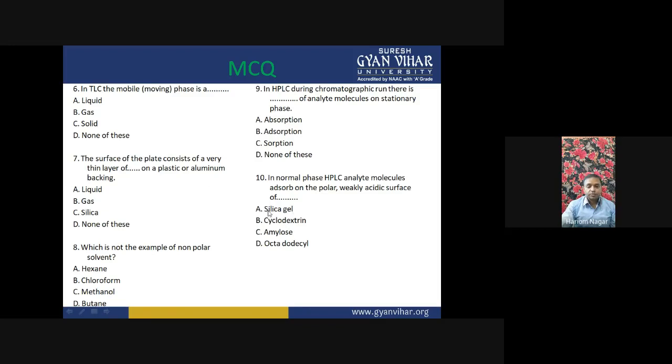Amylose is also a chiral stationary phase. Octadecyl is used in the reverse phase HPLC column as a stationary phase. So in the normal phase, silica gel is used for the adsorption of the components for the separation of the compounds.